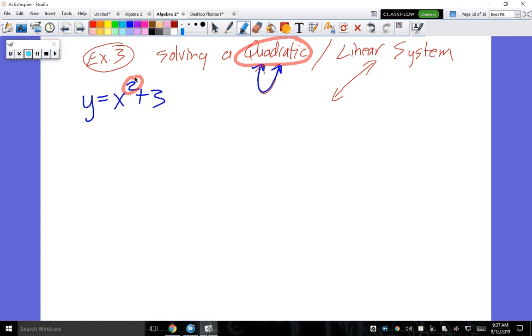Some people think quad is usually 4 and it should be raised to the power of 4, but we'll talk about that soon. And then the linear function that we're going to use is negative 4x plus y is equal to 3.